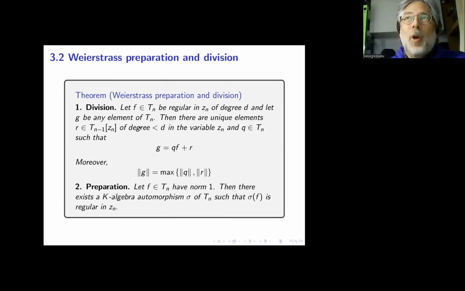This is almost nice because you have division with remainder. You can think of something like, is there something like a Euclidean algorithm? Or yeah, it has consequences for the structure of the algebra.